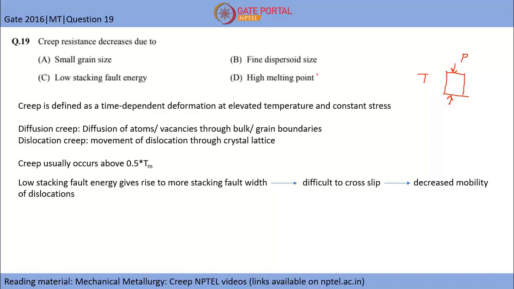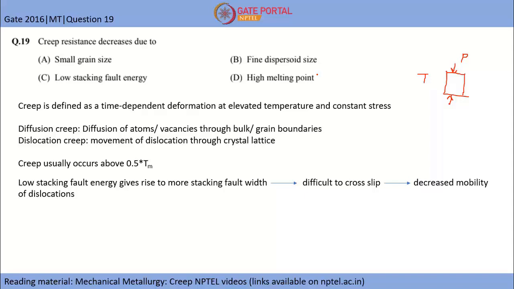So two are the major diffusion mechanisms from where the atoms or vacancies can migrate from one place to another. And the second one is dislocation creep, which occurs by movement of dislocations through the lattice and causing strain in the structure.